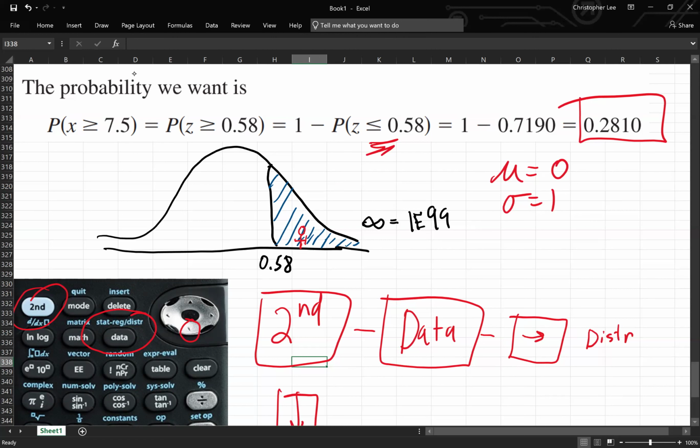The only thing we plugged in was the 0.58 at the lower bound, and then the 1E99, and that's it. 0.281. Yeah, that's it.